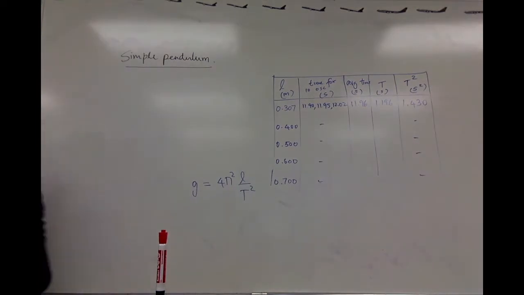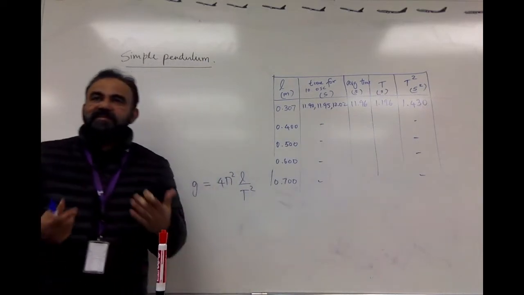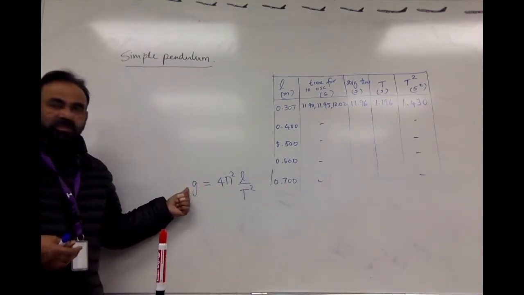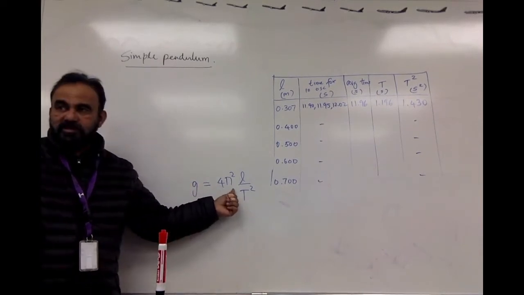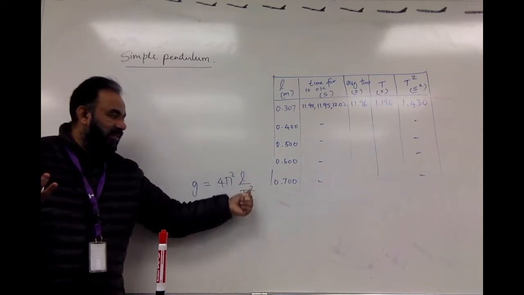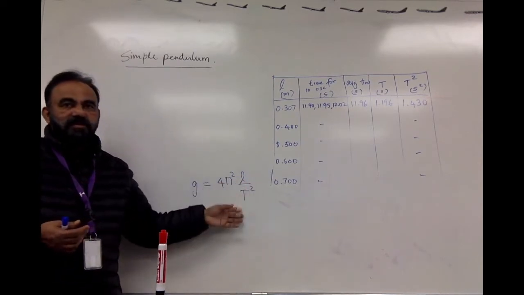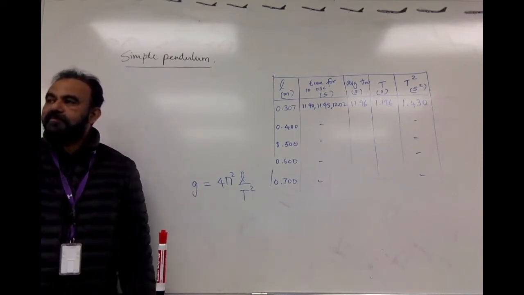What are we trying to investigate? Length and time square. And what do you know about the length and time square? They should go hand in hand. Look at this equation. What is g? Is it a constant? Yes. 4 pi square is a constant? Yes. That means length and time square should go hand in hand, which means if length is double, time square has to double, so that it will be a constant.